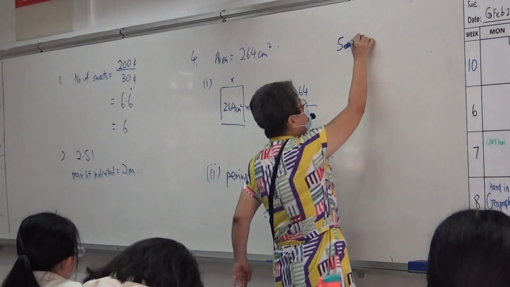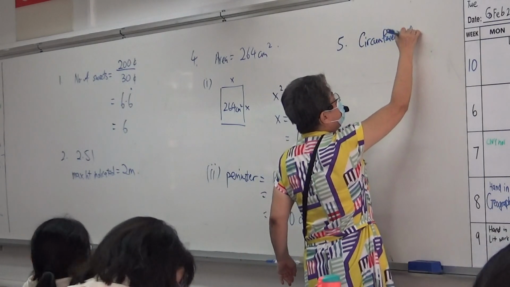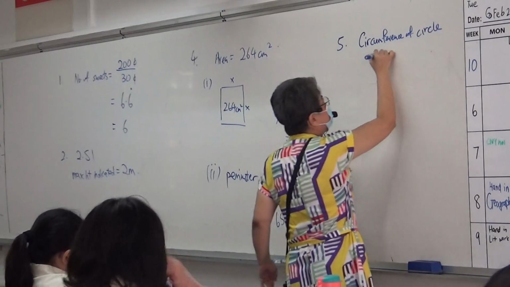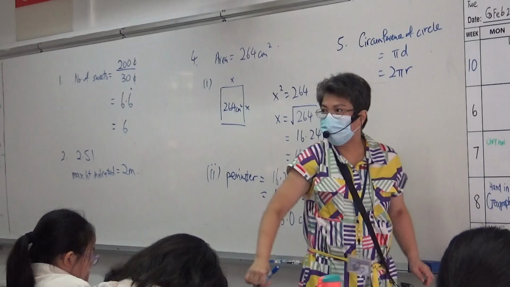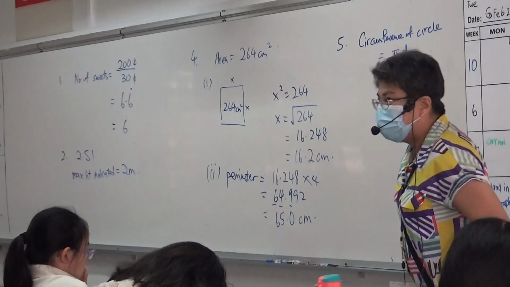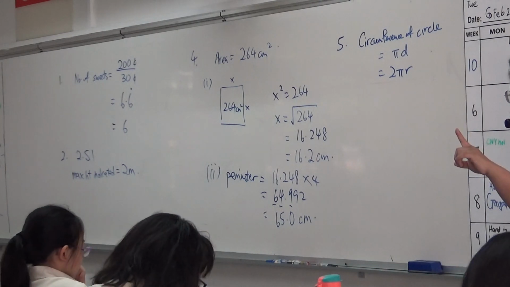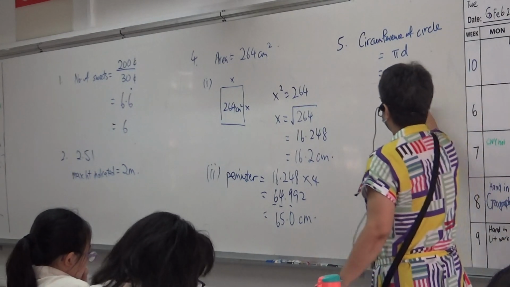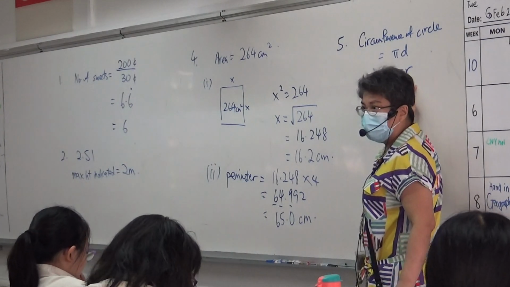Now, can you write down for me first? Circumference of circle is either pi d or 2 pi r. What does d stand for? Diameter. What does r stand for? Radius. Do you understand that d is actually 2r? Diameter is 2 times radius, right?